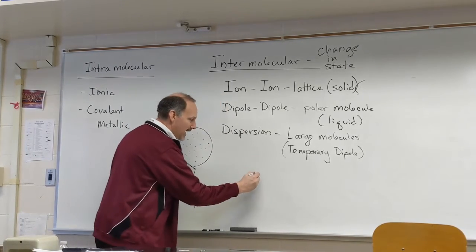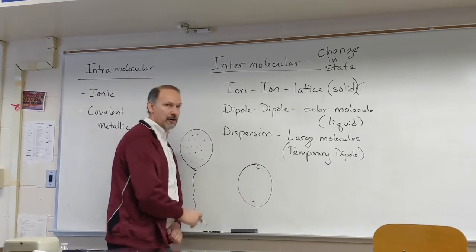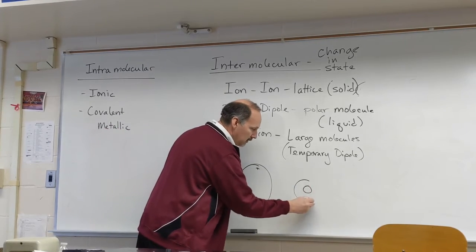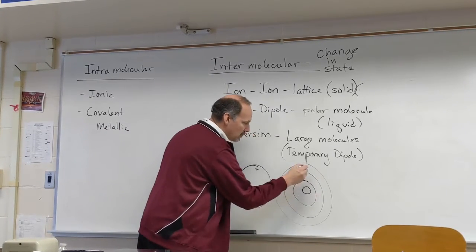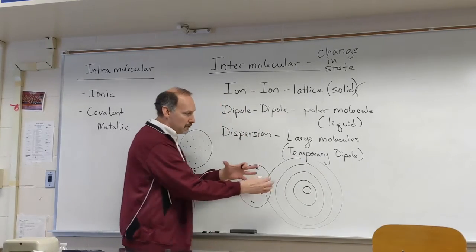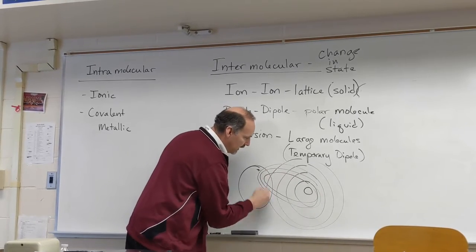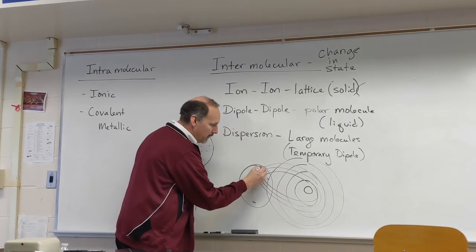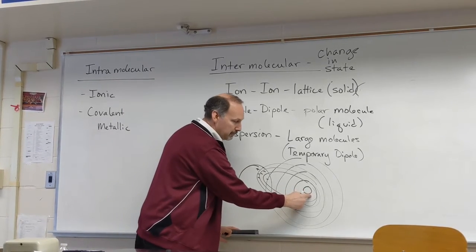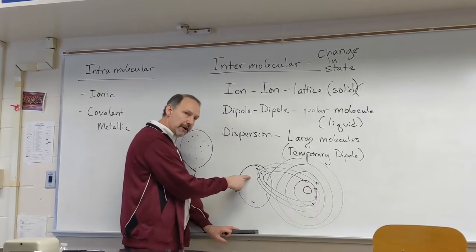So we take a polar molecule like water. It has opposite charges. It's a dipole. We take a material that has a large set of atoms creating it, and those electron clouds are extremely large, so they can distort. The electrons begin to be pulled towards the positive part of the dipole, and the nucleus back here begins to get a little exposed because the electrons are over here more of the time.